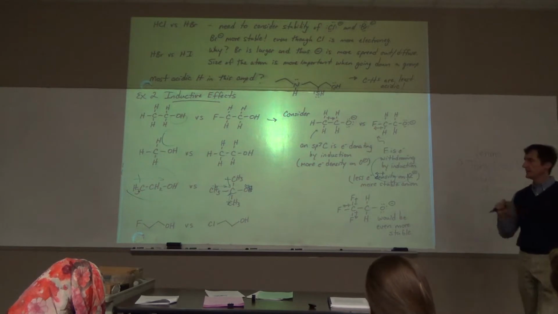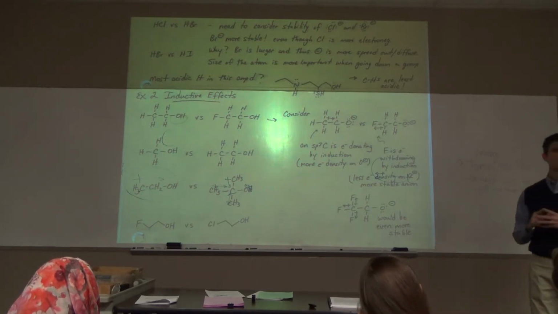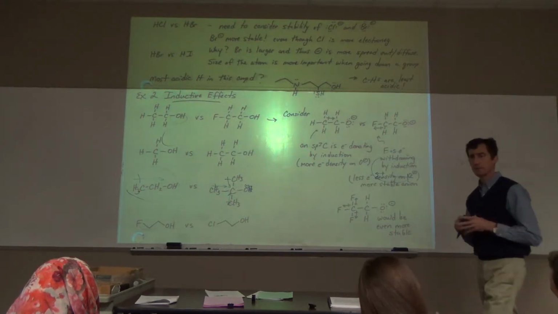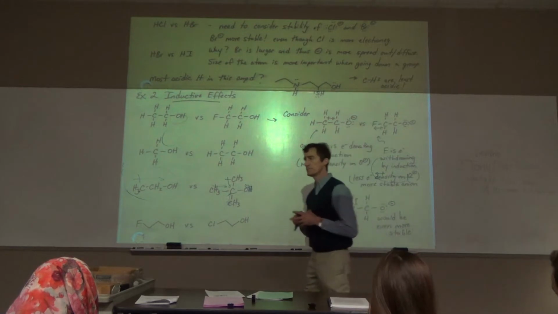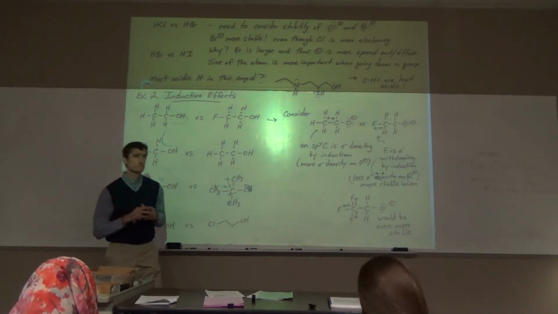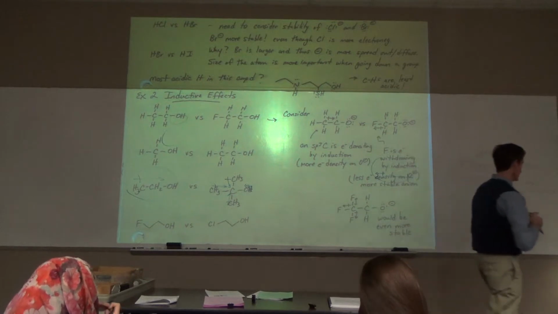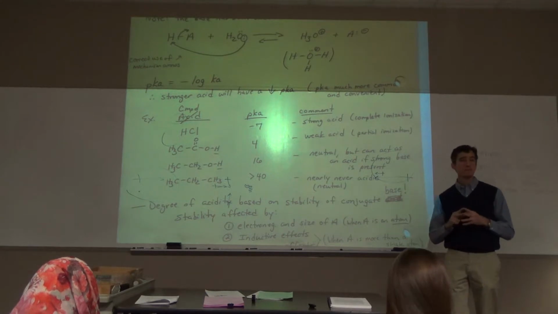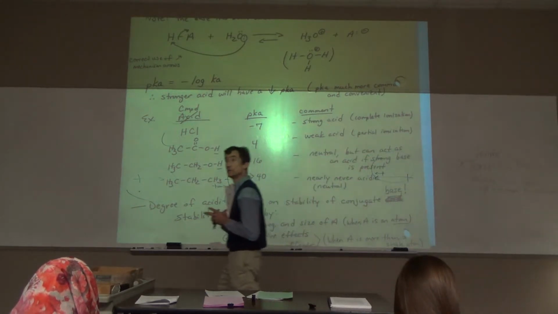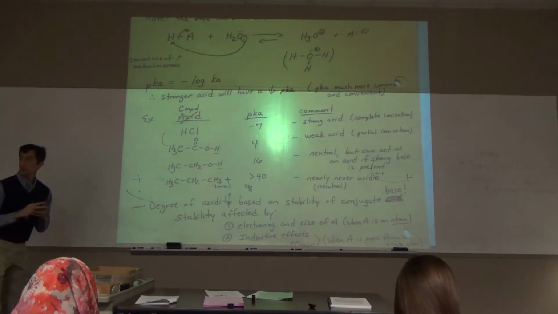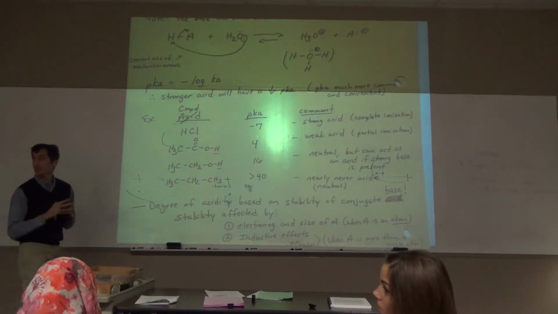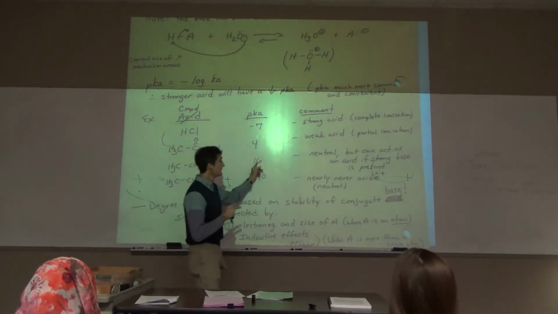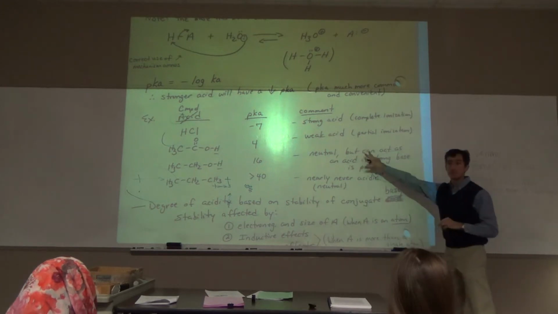By the way, what's the approximate pKa of an alcohol? You need to get used to pKa's and start learning some. There's a list in the back of your lab manual. Approximate pKa of an alcohol? Somebody? 16? How'd you know that? Right here? And you understand why?